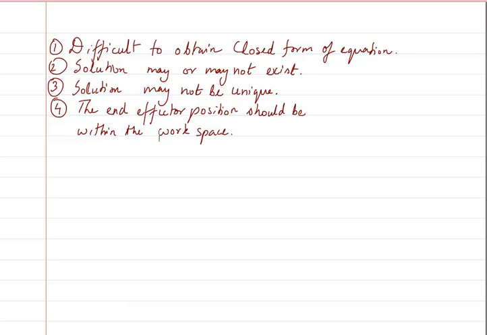Now, the solution of the particular problem that we have just defined may or may not exist, or the solution may exist but may not be unique. It may have many different solutions and the robot may have to choose which is the best solution. And the fourth one is that the end effector position should be within the workspace. So these are the general nature of the solution of an inverse kinematic problem.